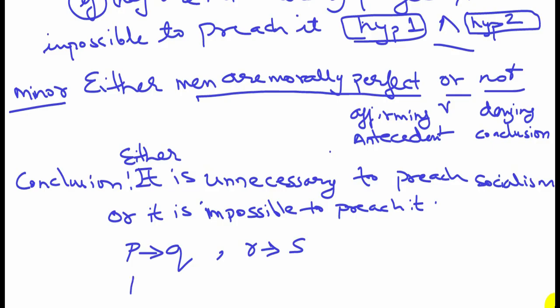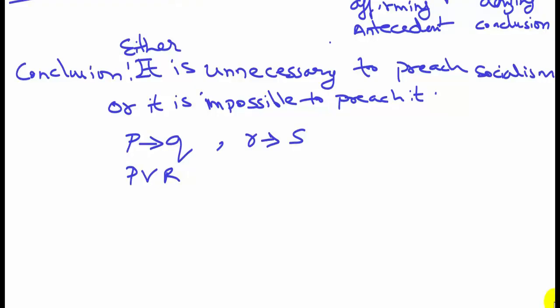Then the minor premise states P or R. I'm explaining this symbolically, how it means.